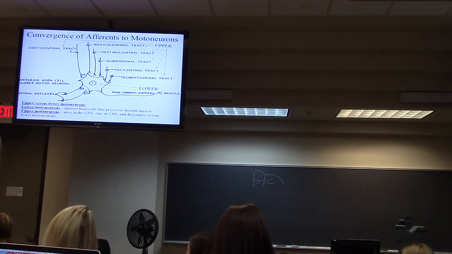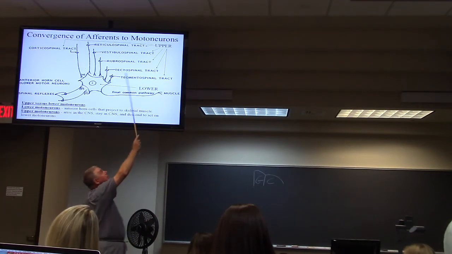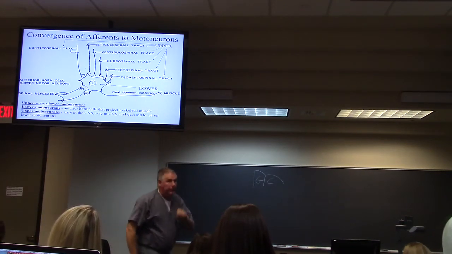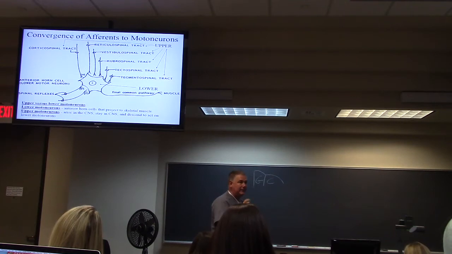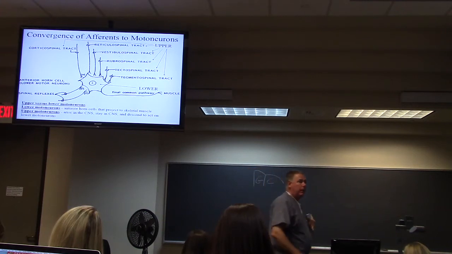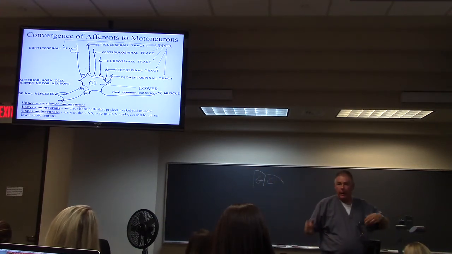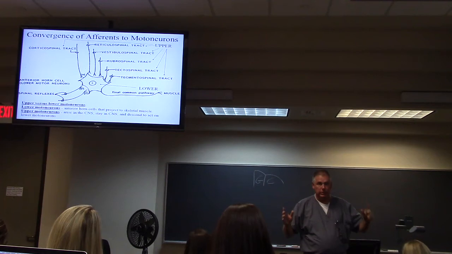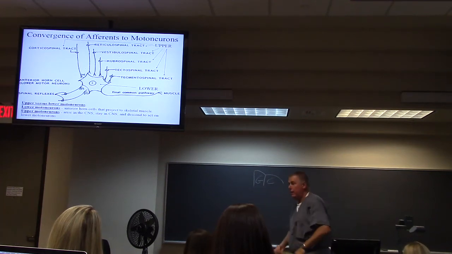Because all of these things are modulating the degree of excitation that goes out instantly. And that's why. Everybody understand that little analogy? Because it's going to become important later on.